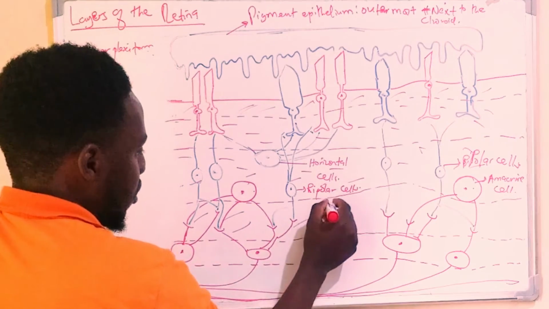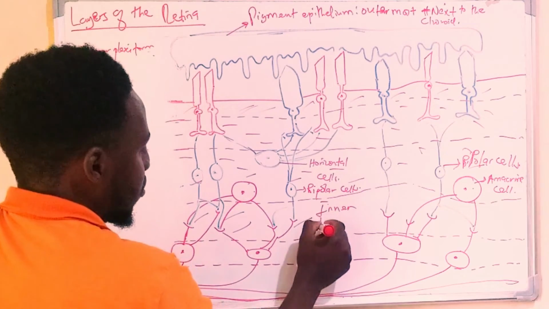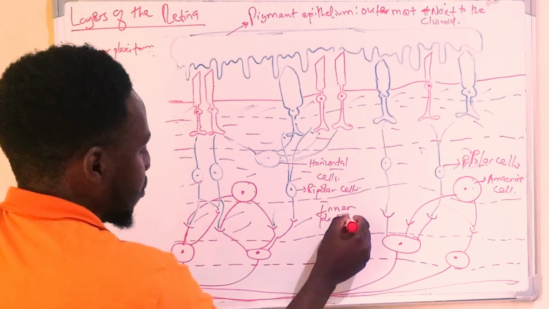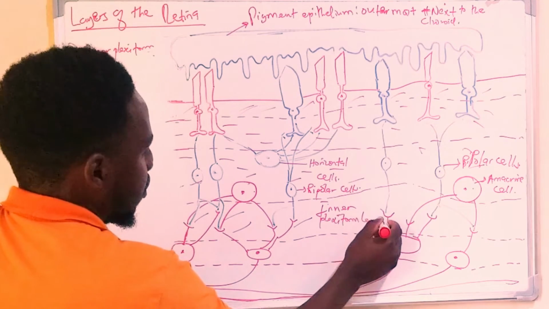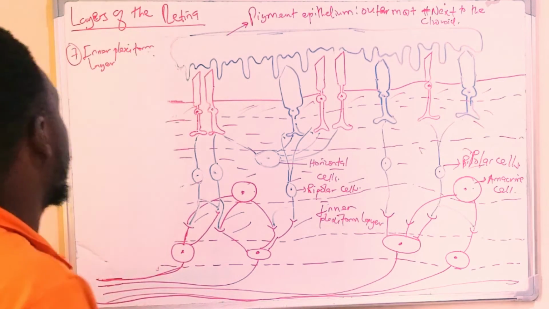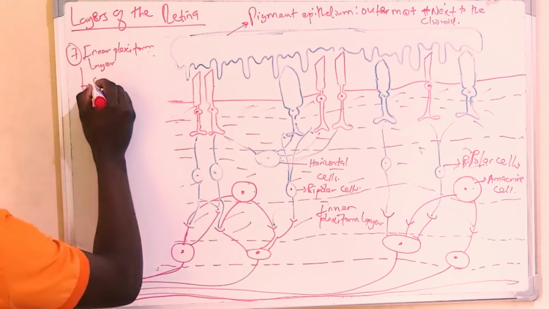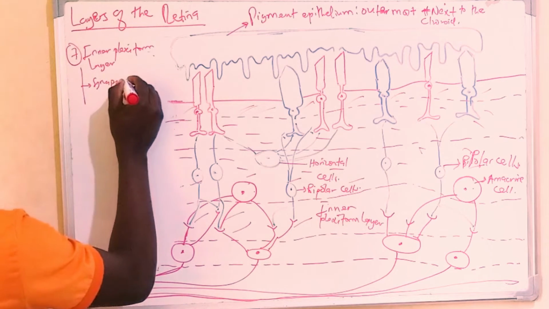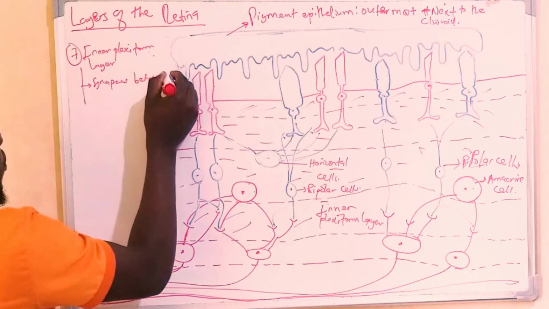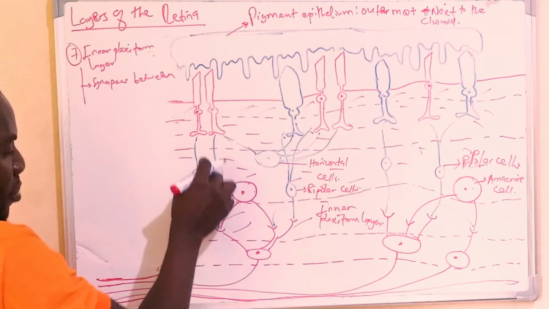This inner plexiform layer, which is here, is made up of synapses between the bipolar cells.